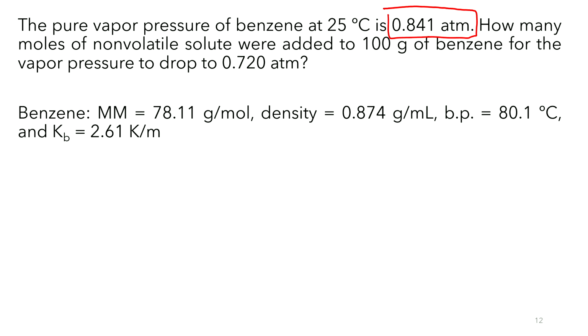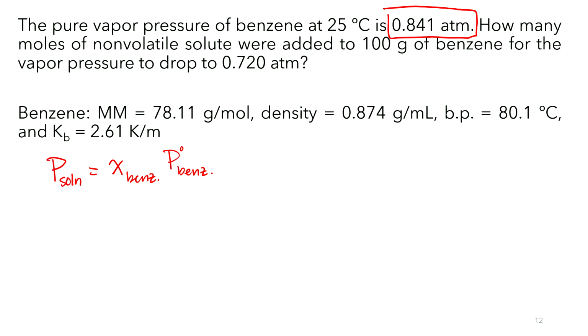Again, if you were like, I have no idea where to start, go to your equation sheet. There's always an equation. Okay? The only equation we have that has pressure in there explicitly right now, I think that's true, is Raoult's law. So the vapor pressure of our solution is equal to the mole fraction of our solvent, and I'll be more specific, we'll just call it benzene in this case, times the vapor pressure of the pure solvent.